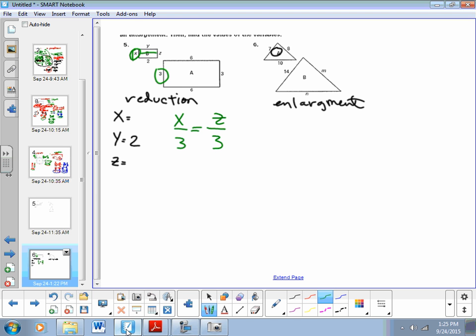X and z are two variables that we don't know. So we don't want to use sides. And you notice there's 4 parts to these proportions? You only want one of those 4 to be a variable. So we don't want to use that setup.